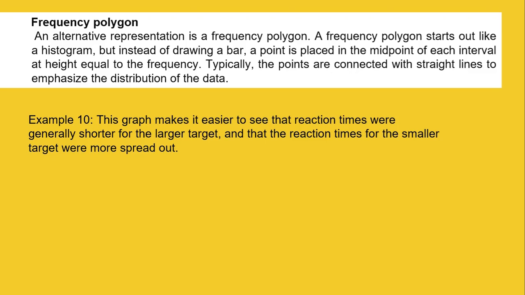Sometimes we can go to a deeper kind of representation of the histogram, where we are now making lines. So it's an alternative to the histogram. A frequency polygon starts out like a histogram, but instead of drawing a bar, a point is placed at the midpoint of each interval at a height equal to the frequency. Typically, the points are connected with straight lines to emphasize the distribution of data.